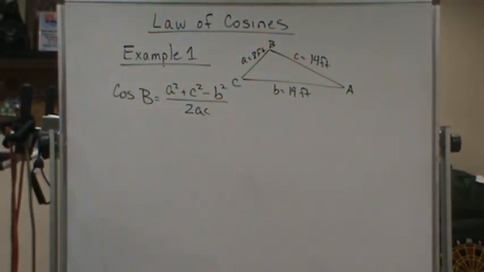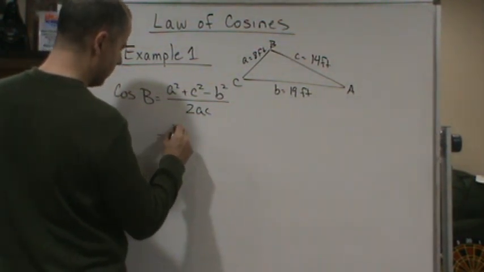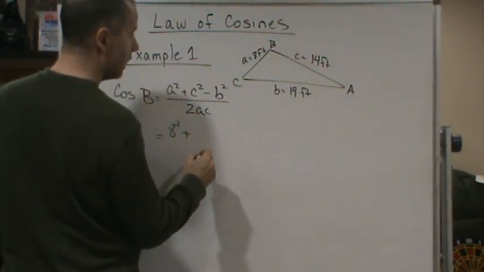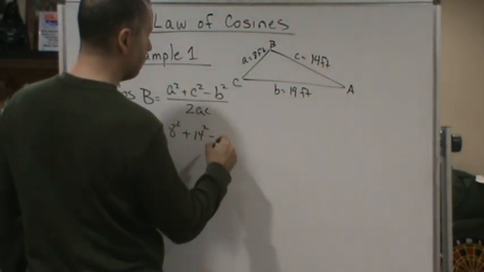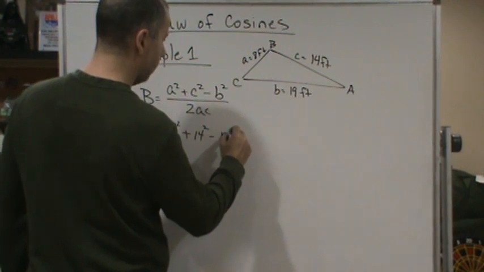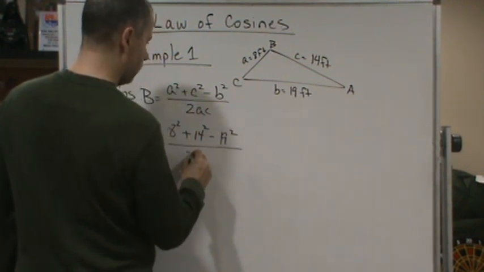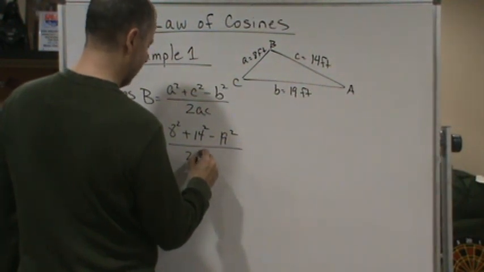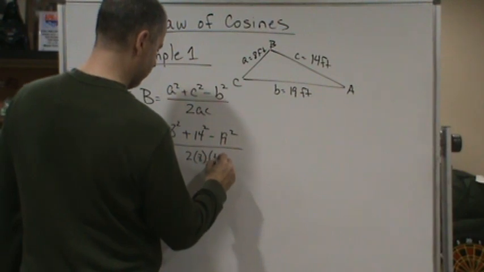At this point all we do is plug and chug. So a is 8 feet, so it's going to be 8 squared plus c squared, which is 14 feet squared, minus b squared, which is 19 feet squared, all over 2 times 8 times 14.